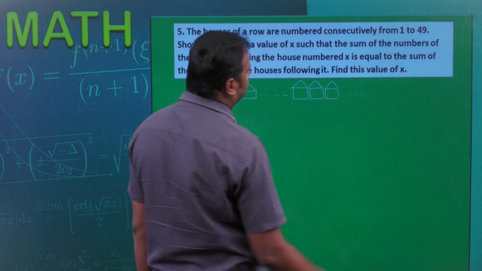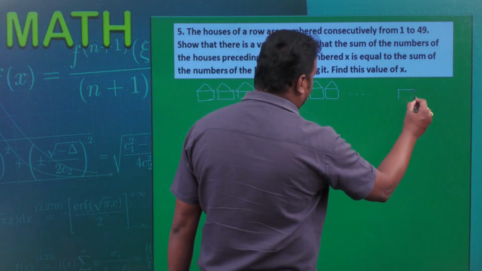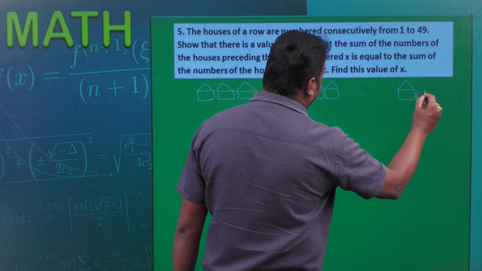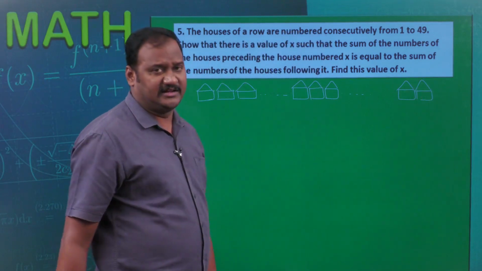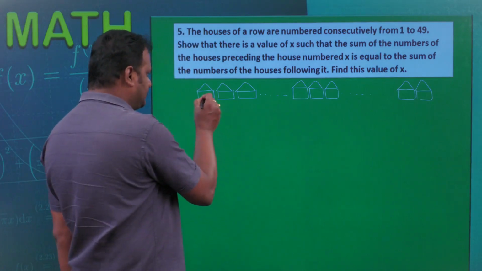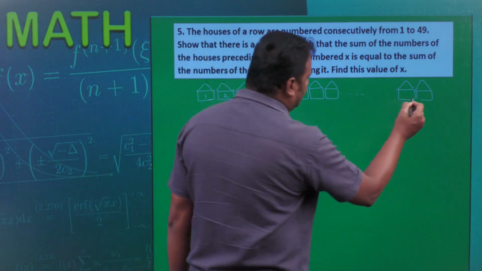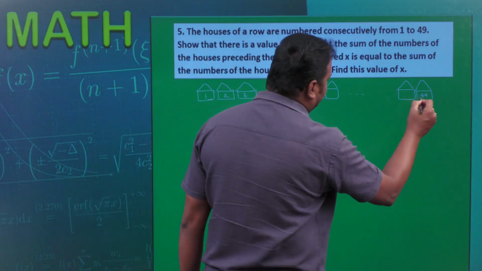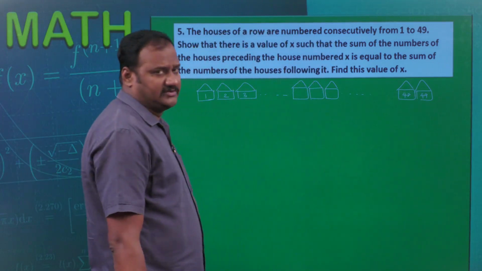How many houses are there totally? There are totally 49 houses. So this is, for example, the 48th house and this is the 49th house. These houses are numbered consecutively from 1 to 49. So this house is numbered 1, number 2, number 3, and so on. The last house is 49, and before house 49 is house number 48.